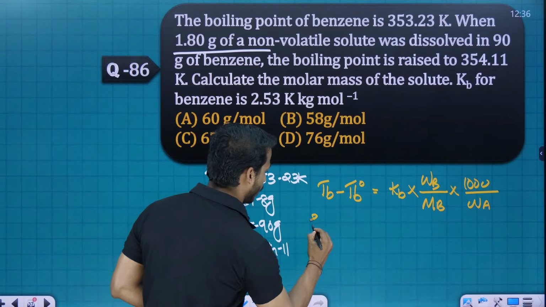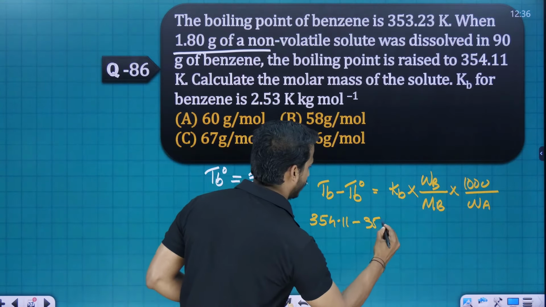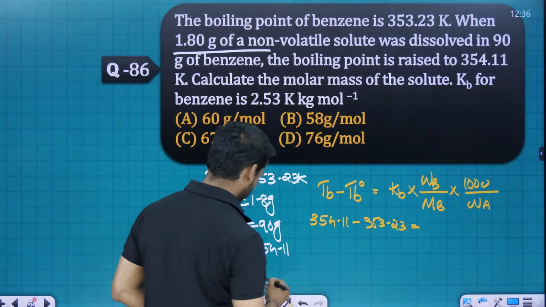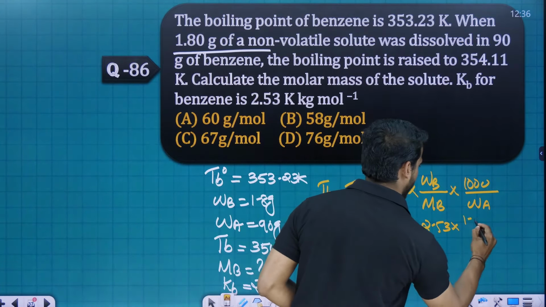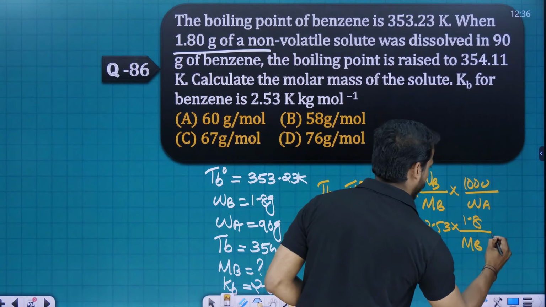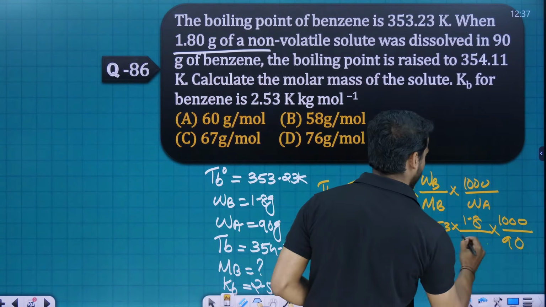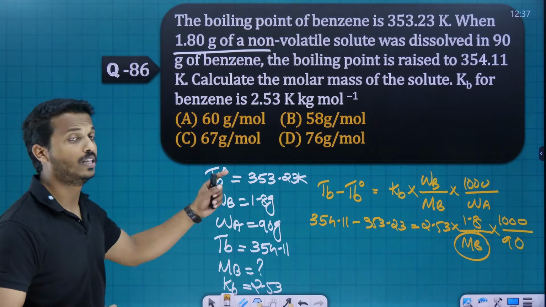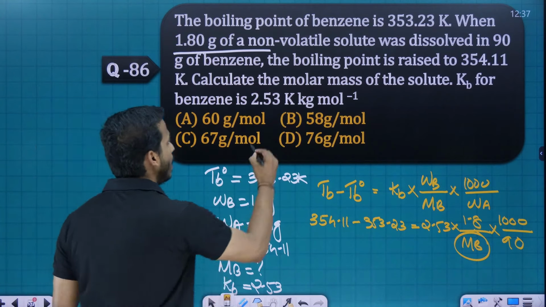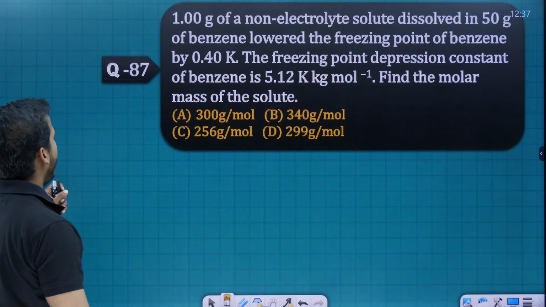Substitute: TB is 354.11 minus TB naught 353.23 equal to KB 2.53 into weight of solute 1.8, MB we need to calculate, into 1000 divided by weight of solvent 90. Same way as the previous one, but this is elevation of boiling point. Please cross check it. You will get 58 gram per mole.